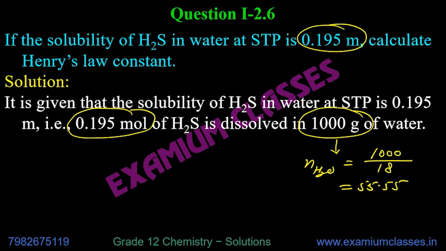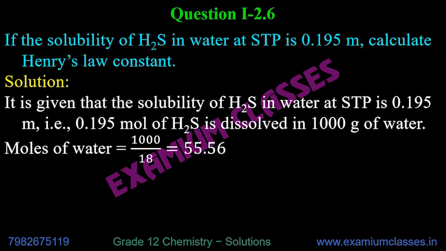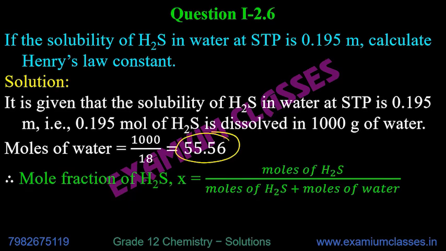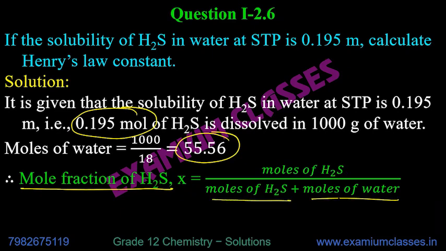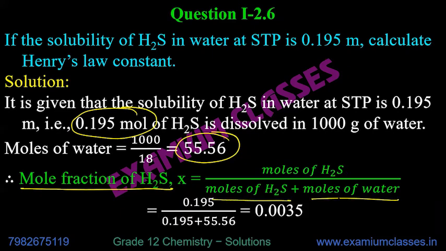So you can calculate the mole fraction also. With the number of moles of H2S and the number of moles of water, you get the mole fraction of H2S as number of moles of H2S divided by total number of moles. Substitute the values.